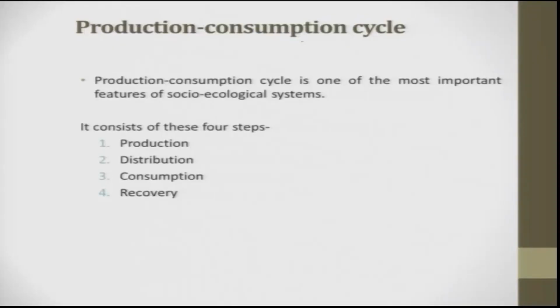So, let us get into another topic, which is the production consumption cycle. It is one of the most important features of a socio-ecological system. When we try to develop products, we should try to give the product a social touch also.